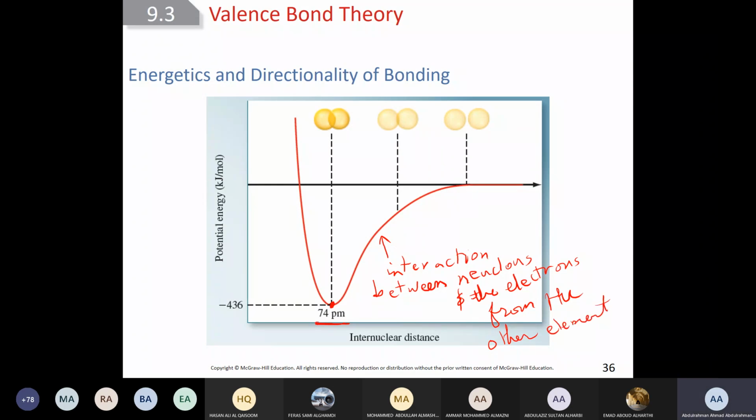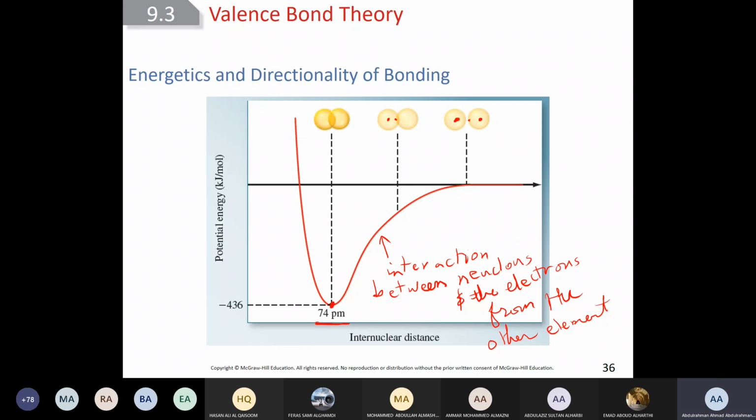Here, why does the energy go down? Because this nucleus starts to attract the electrons from the other atom. This nucleus here does not interact with this electron because they are far away. But if they get closer, then this electron from the other atom becomes very close to the nucleus and starts to interact. This interaction causes the energy to go down.